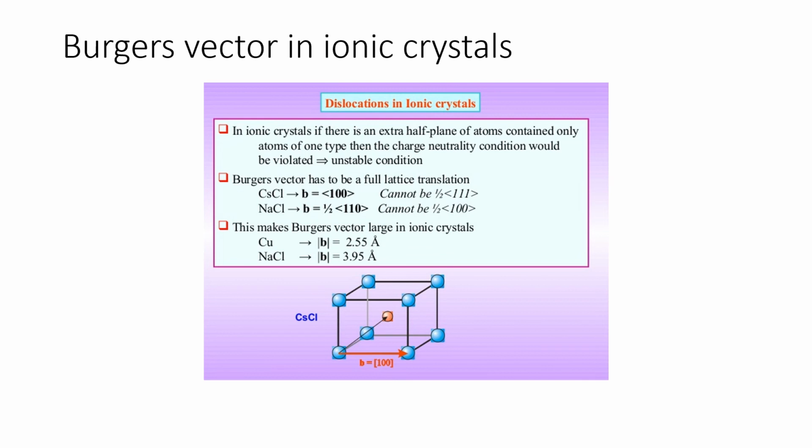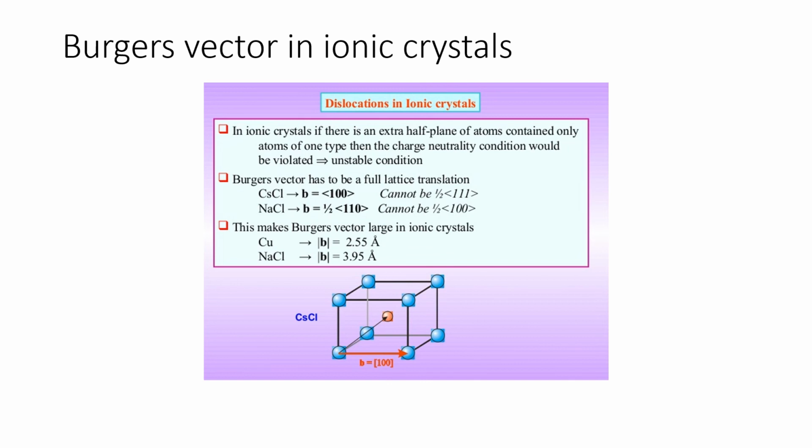The Burgers vector in ionic crystals possesses a slightly higher value compared to other crystals. For example, the Burgers vector in cesium chloride cannot be half of 111 direction. It can be a full translation vector in the 100 direction. If we have an edge dislocation with a Burgers vector half of 111 in a cesium chloride crystal, the extra plane will have extra electrical charges.